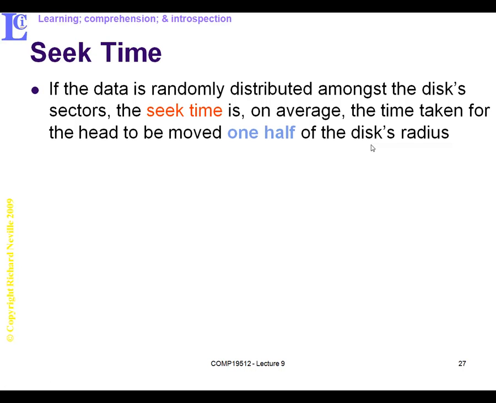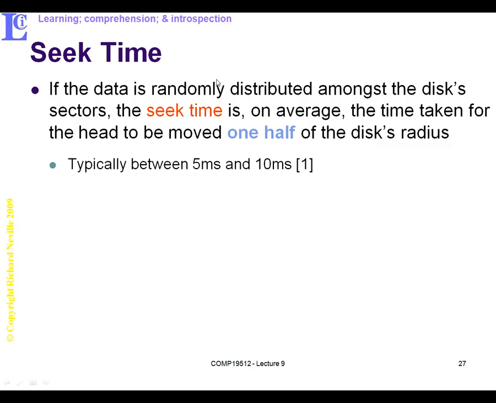So let's read that paragraph to highlight what we're talking about. Seek time. If the data is randomly distributed among the disk sectors, the seek time is, on average, the time taken for the head to move 1/2 of the disk radius.